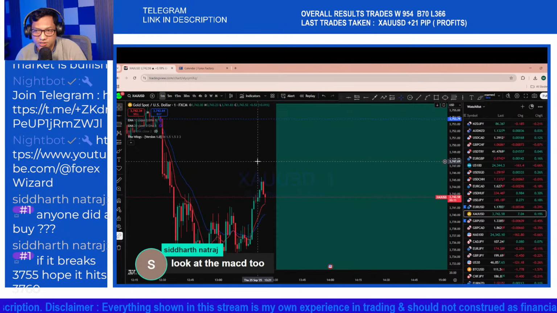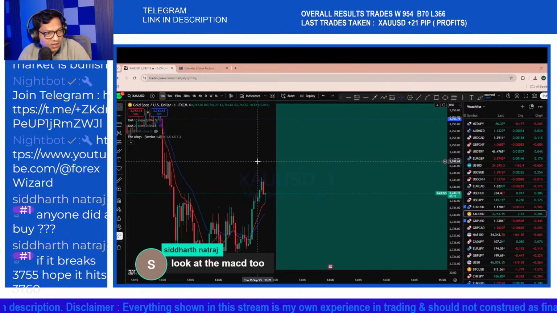This is the 1 minute chart. You can see this is a break of structure here in that area.